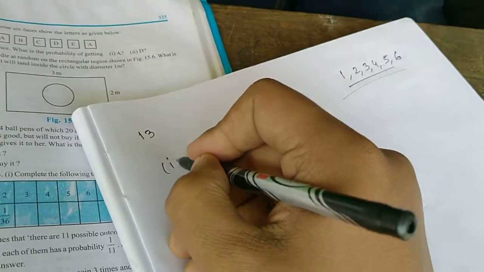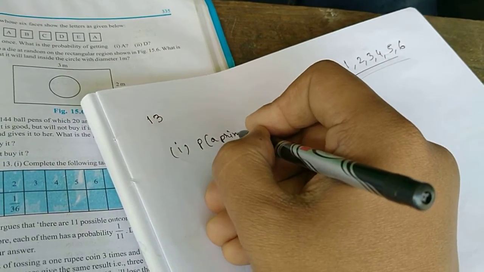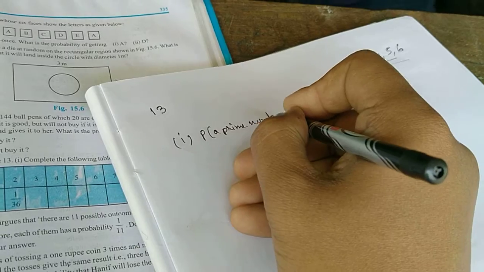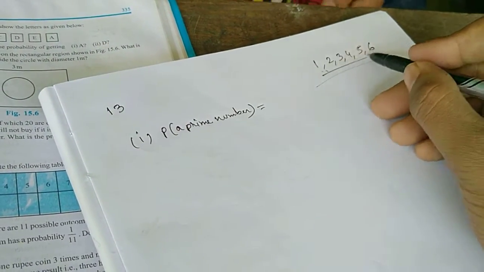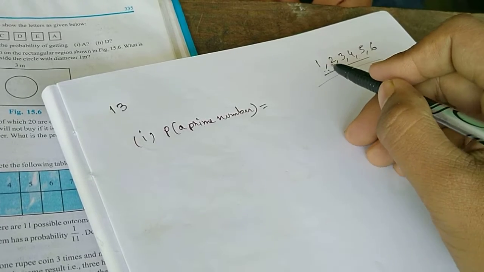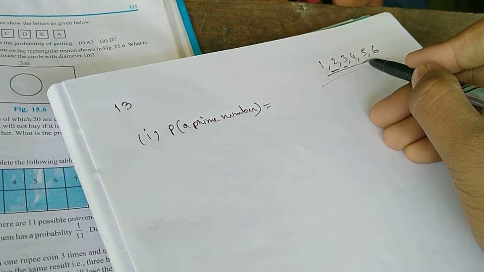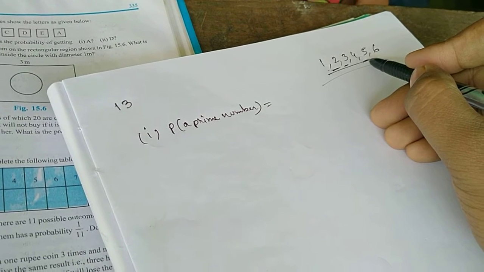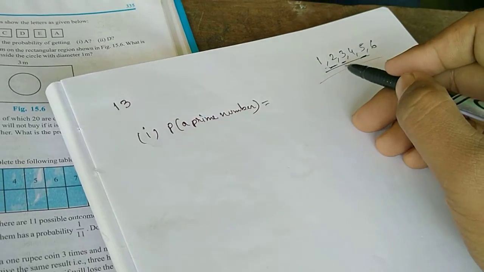A prime number. So first, probability of a prime number. What are the prime numbers? 2 is a prime number, 3 is a prime number, and 5 is a prime number. So these 3 are prime numbers.